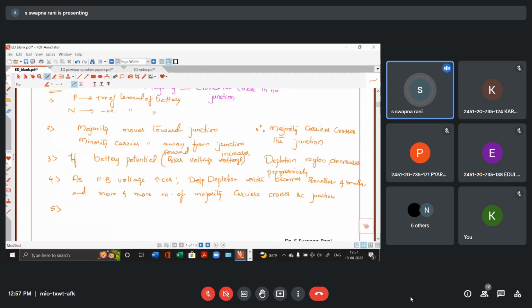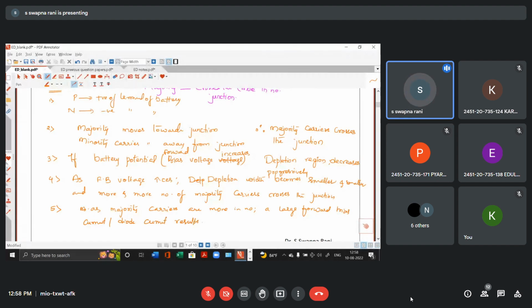So, since majority carriers are more in number, a large forward bias current results, which is nothing but diode current. So current is more, we are saying.